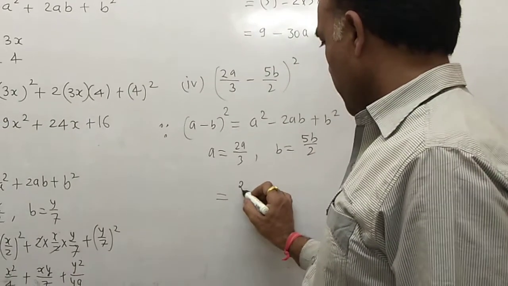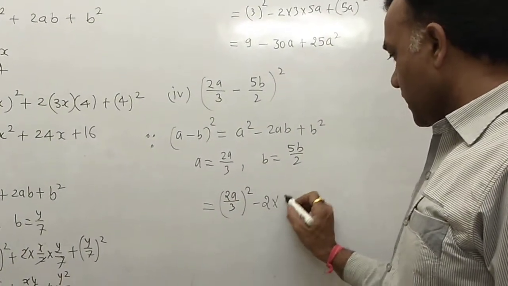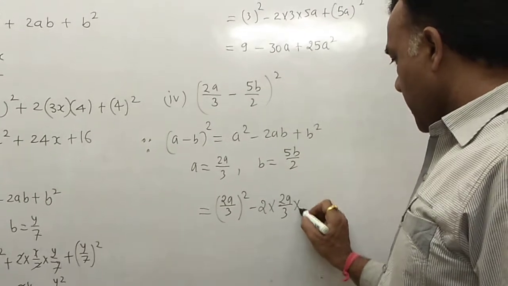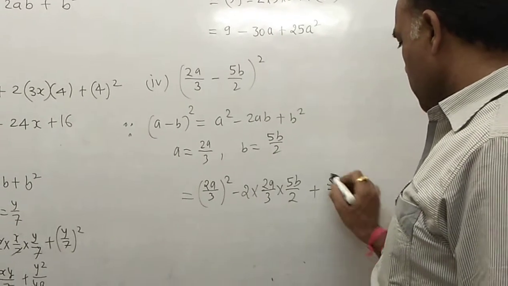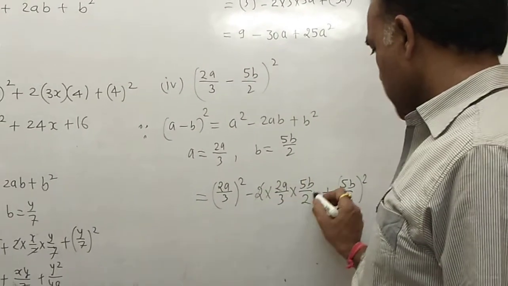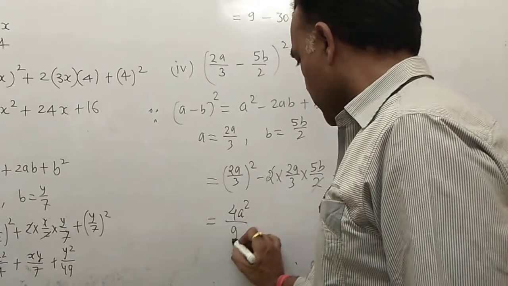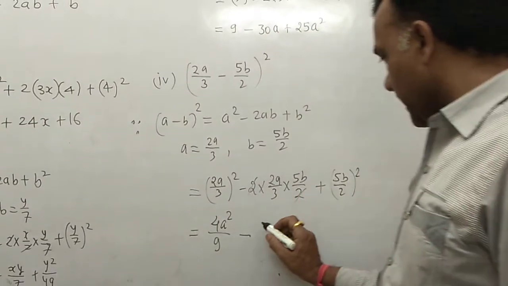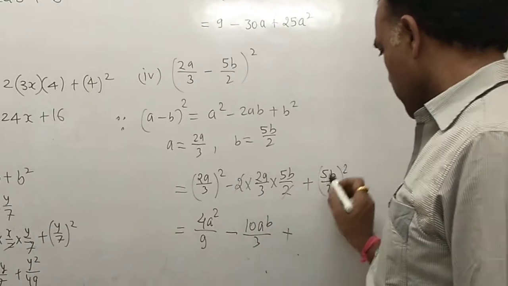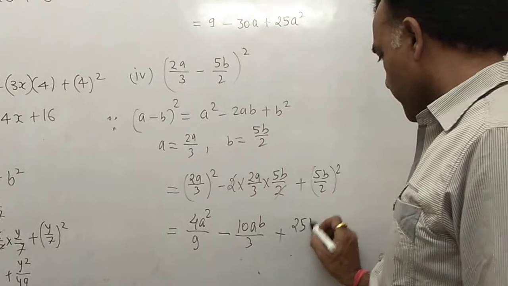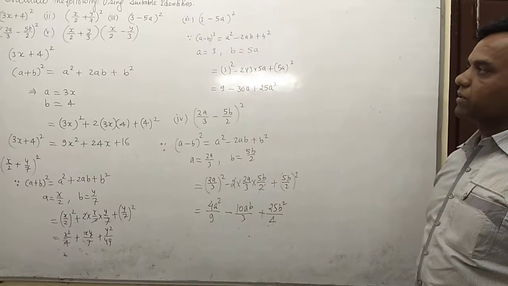Place the values: (2a/3) whole square minus 2 into 2a/3 into 5b/2 plus (5b/2) whole square. The 2s cancel out, 2a square is 4a square over 3 square which is 9, minus 2 5s are 10, a into b is ab, upon 3. Similarly for b, that is 25b square over 2 square, which is 4. So this is the expansion of (a - b) whole square.